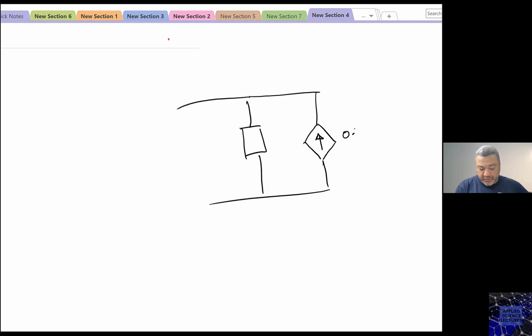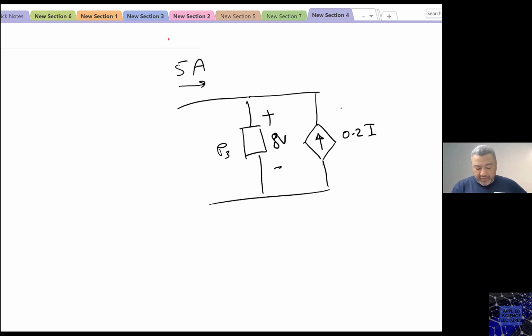So this one is 0.2 I. We had I here to be 5 amperes, and we have P3 here to have a voltage drop of 8 volts.